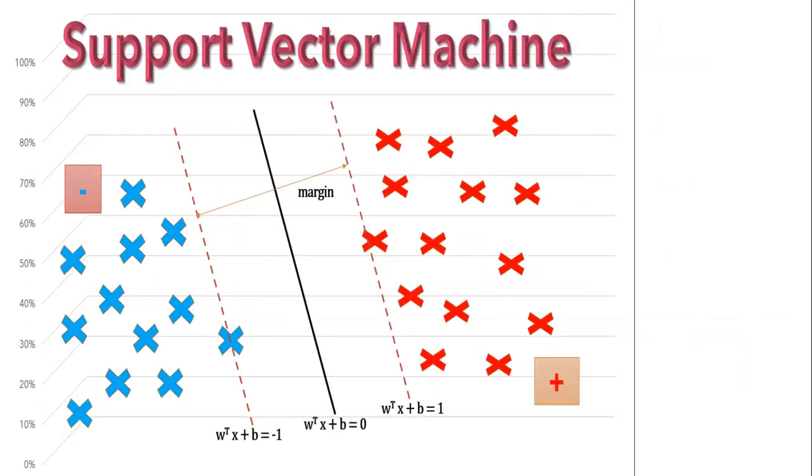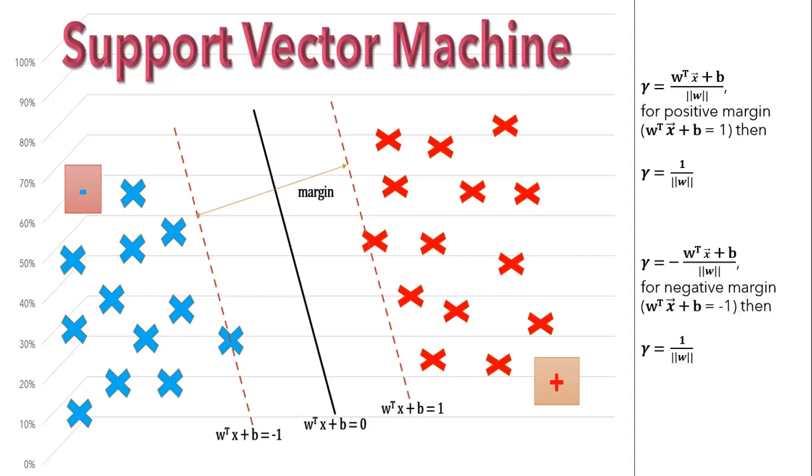So guys, we have just found the gamma value for a positive point as W transpose x plus b over norm of W. And if we see the equation for the positive margin line, then we can equate that W transpose x plus b is equal to 1, so that our positive margin distance from the hyperplane will become 1 over norm of W. Same we can apply to the negative margin distance from the hyperplane, as the negative margin line has an equation of W transpose x plus b is equal to minus 1.